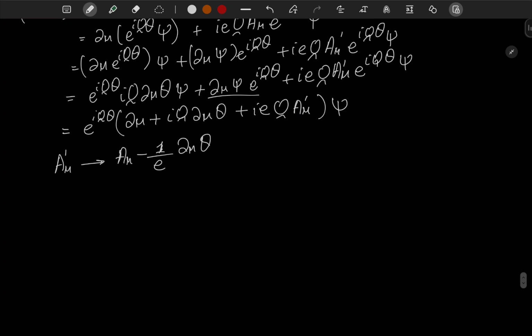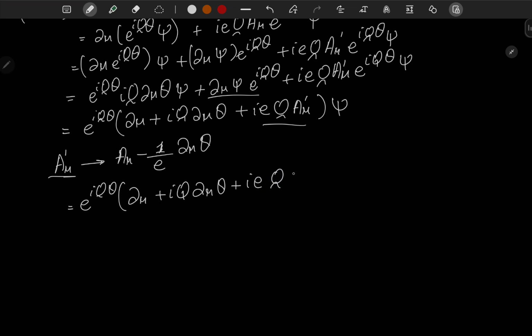Now let's put a mu prime in our equation and see where things are going. We have iota q d mu of theta plus i e q a mu, and now our field term, minus 1 upon e d mu of theta.